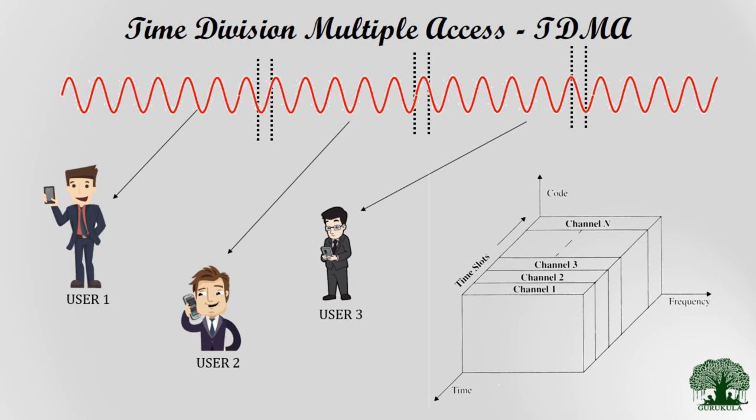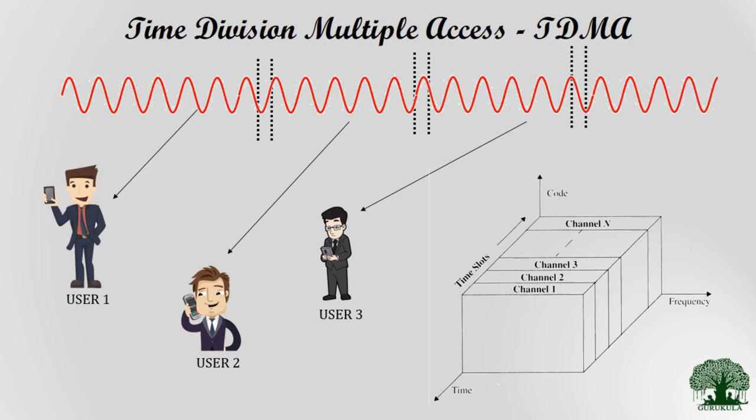As depicted in the figure, the users are differentiated with respect to time slots. Whenever a user gets his time slot, he can communicate his messages utilizing the entire spectrum, so he does not have any restrictions on the band of frequencies he can use.